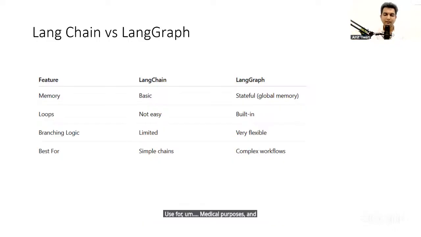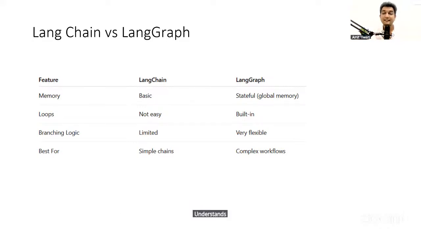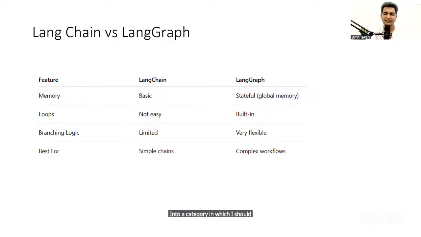Suppose a user is interacting with this agent and telling it about his inquiry. Let's say I have a fever, and this medical agent understands the disease I am having and classifies me into a category in which I should go and check, and then there can be multiple steps.